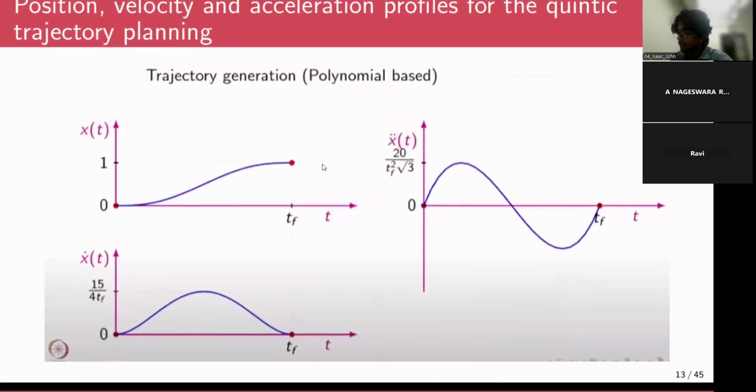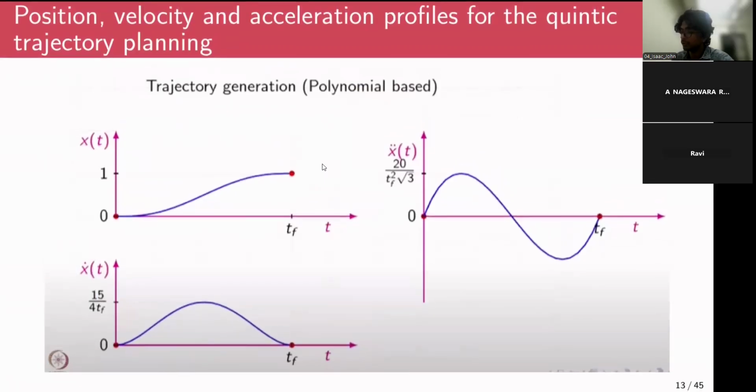Yeah. So just like what we did earlier, these are the position, velocity, and acceleration profiles for a quintic polynomial. So the first one over here is the profile for position. This is actually a fifth order polynomial. And your velocity profile, if you take the derivative of a fifth order polynomial, you will get a fourth order polynomial.